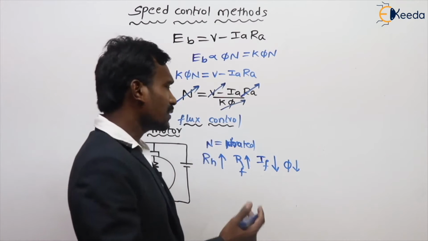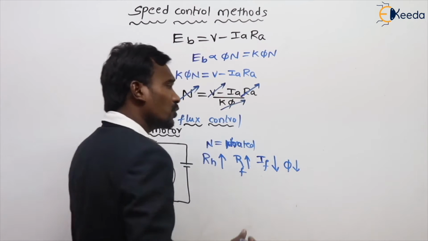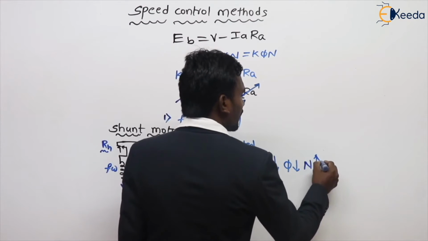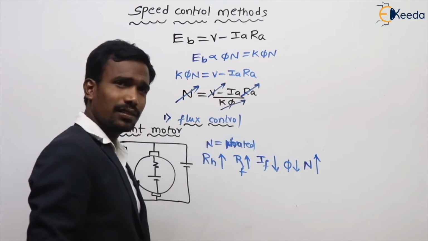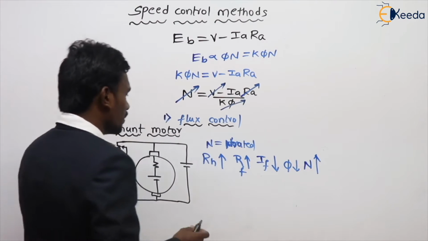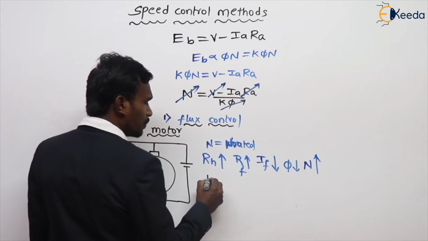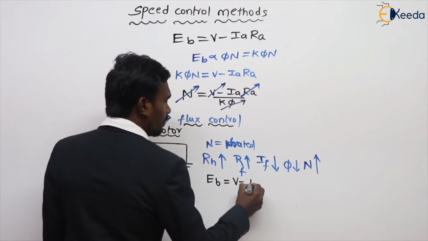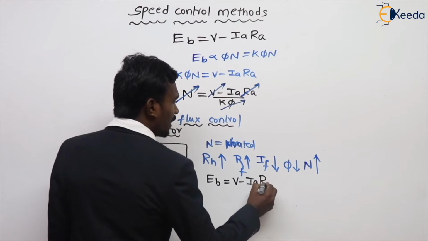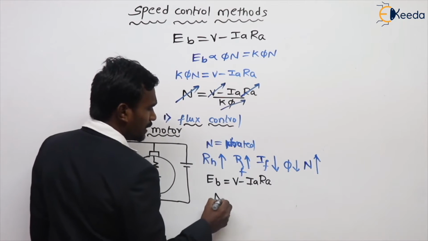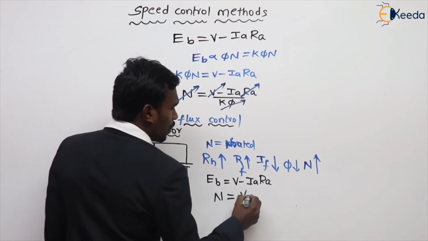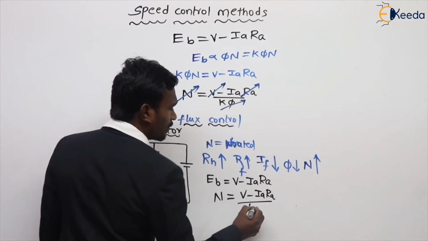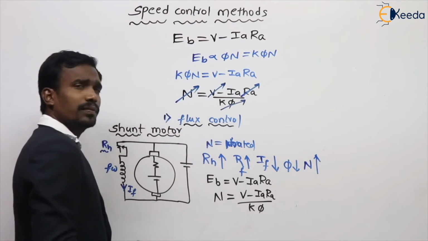When the flux reduces, then automatically the speed of the machine will increase. Sir, how is it, sir? Generally, this is a DC shunt motor. That's why Eb is equal to V minus IaRa, where speed N is equal to (V minus IaRa) upon K into phi.